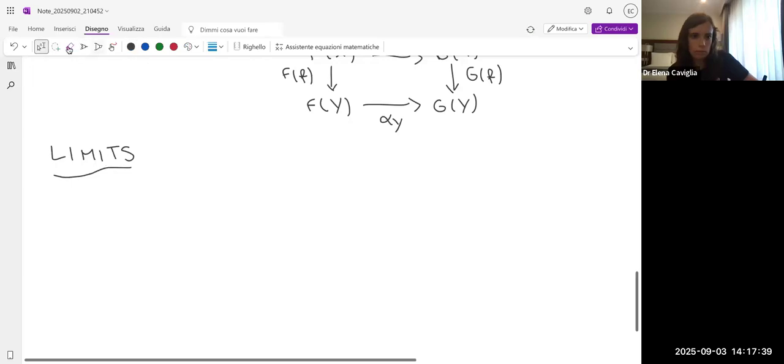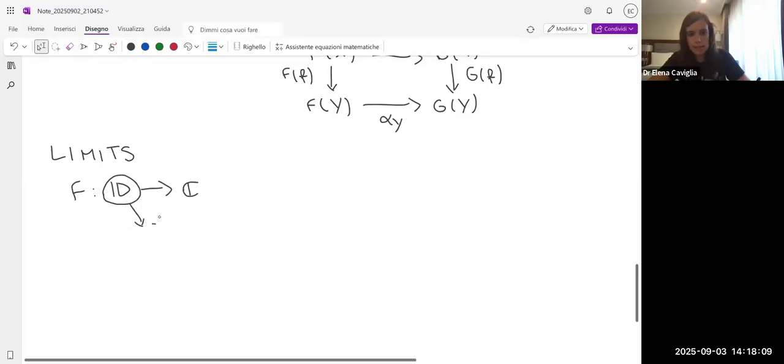To talk of a limit, we need F, a functor, between a category D and the category C. And now we have to think that this category D is the parametrization of a diagram.